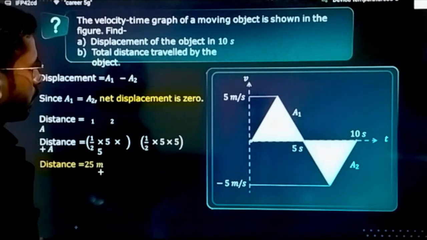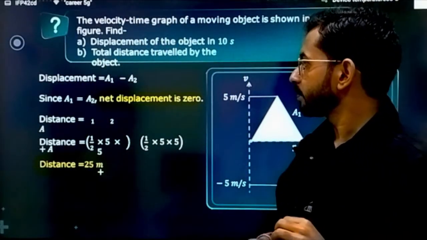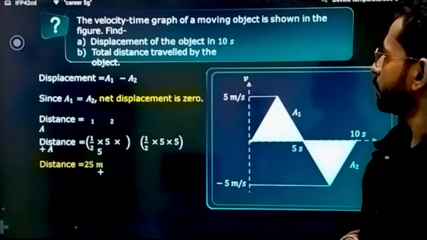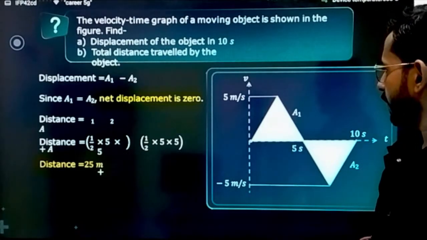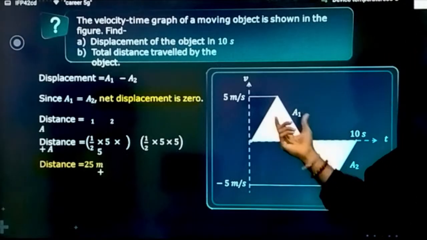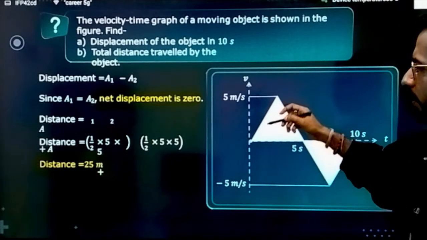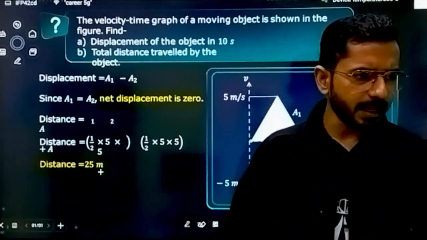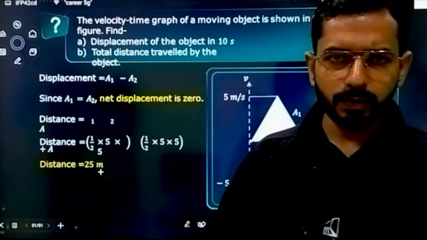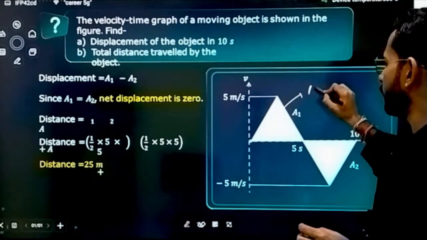Correct? See, here is a very basic question. Check what the question is. The velocity time graph of a moving object is given, and we need the displacement of the object in 10 seconds. Here I can say both these areas are completely identical. So let's calculate area A1.